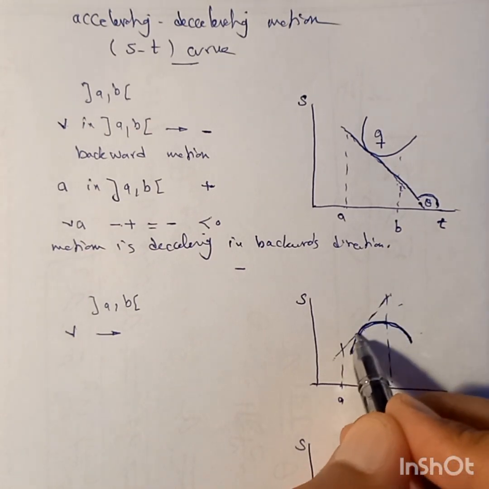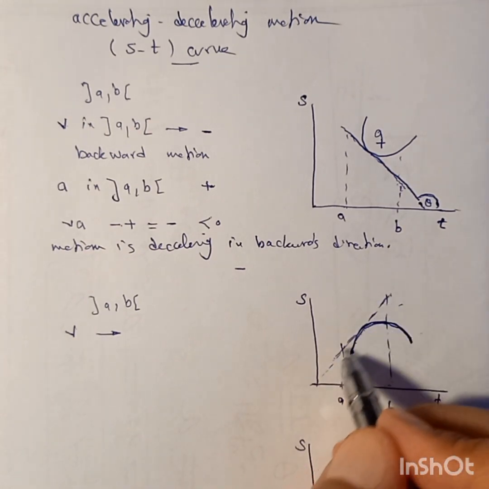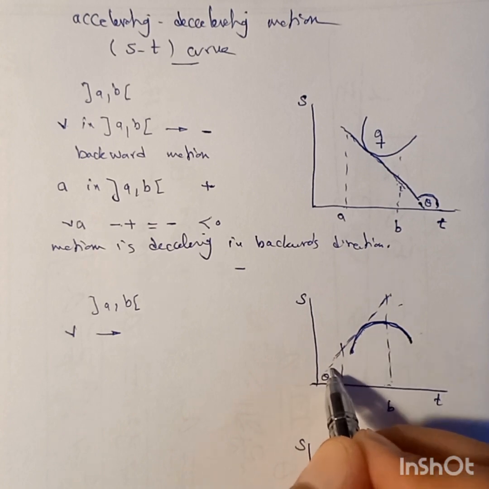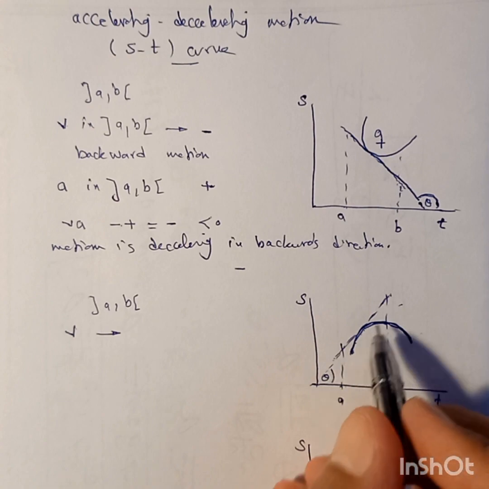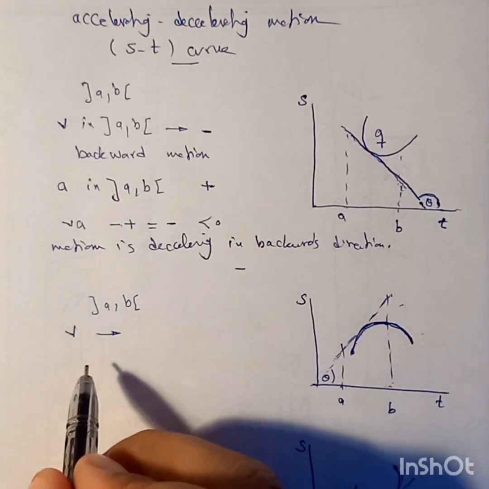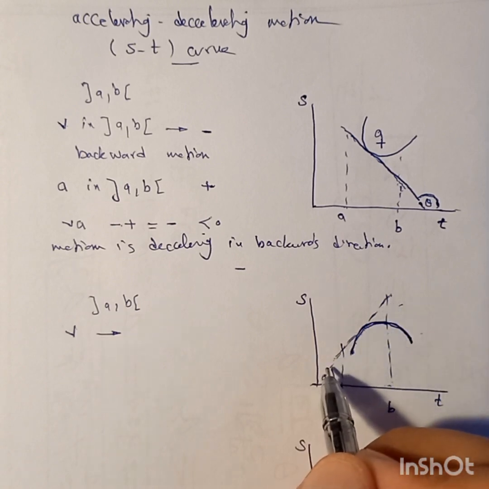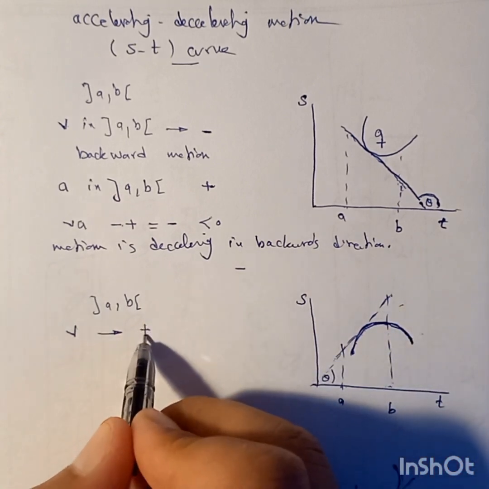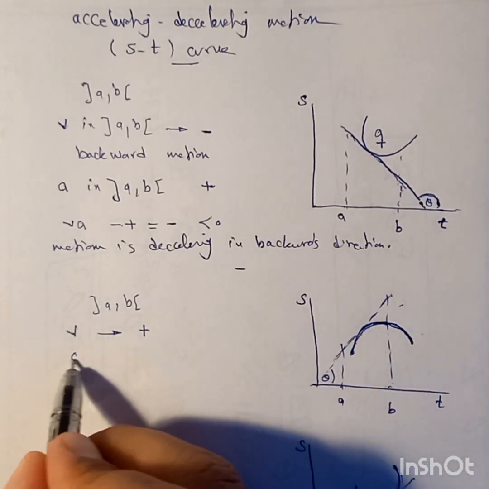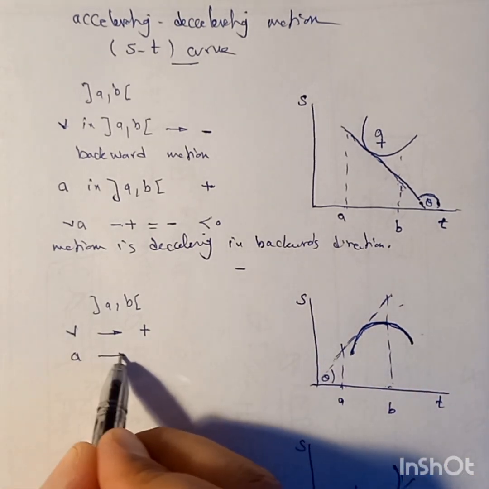Here if we draw this tangent, the slope of this tangent is positive, as the theta made by this tangent with the x-axis is acute, then velocity is positive as well during time interval A and B. We have to check the sign of acceleration here.